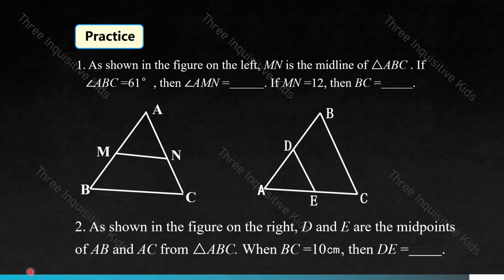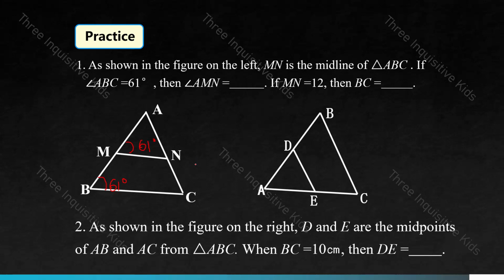Alright, so let's do the first one. We're given in the problem that angle ABC has a measure of 61 degrees. If we know that this is 61 degrees, then AMN must be 61 degrees as well. Why? Because if a triangle has a midline, that midline is always going to be parallel to the side that it is not intersecting, which means that MN is parallel to BC.